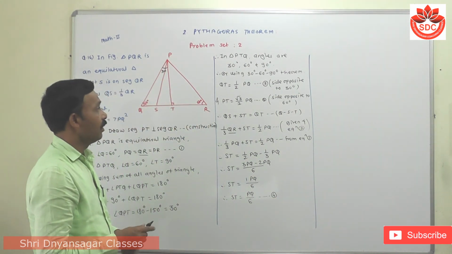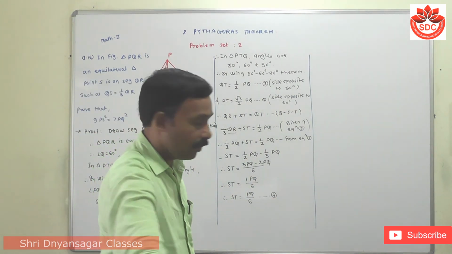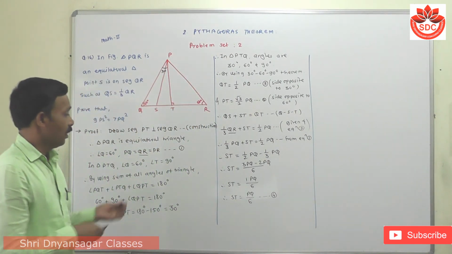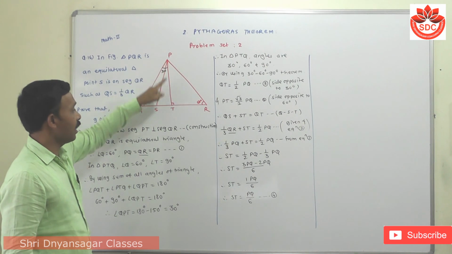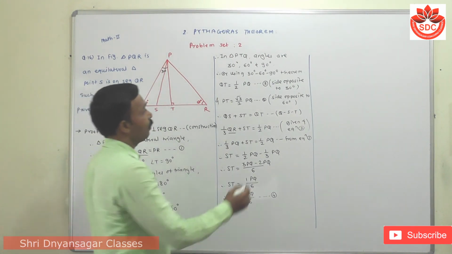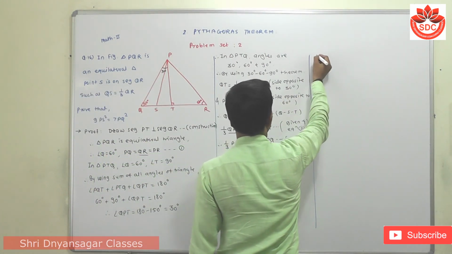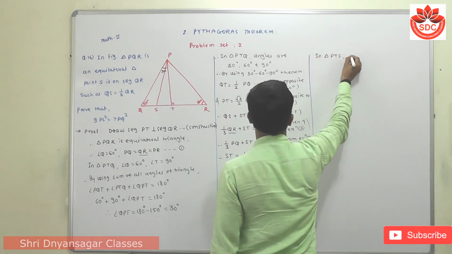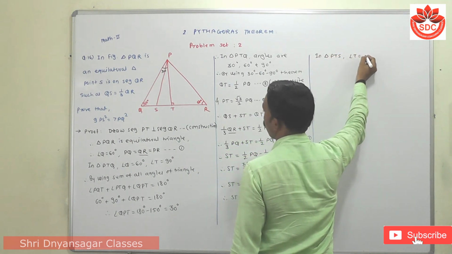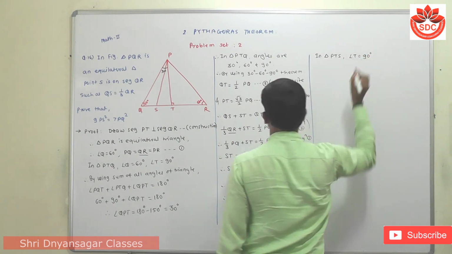Then we take the next equation. Here ST is there and PT is also here. We take this triangle PTS. So in triangle PTS, angle T is equal to how much? 90 degrees.